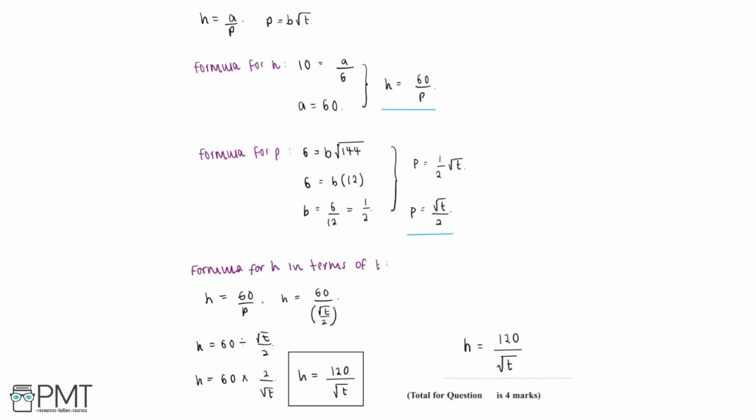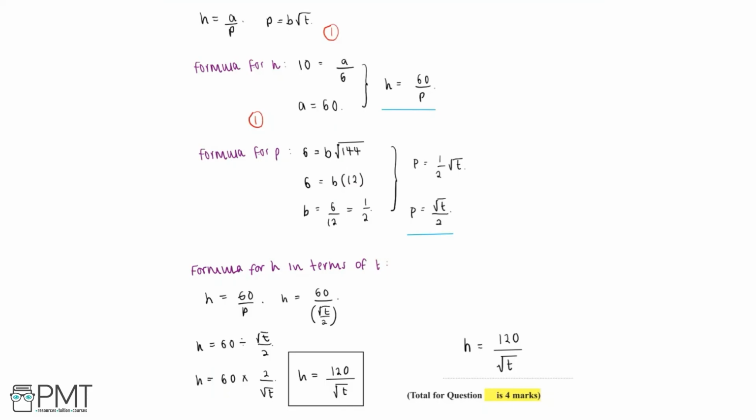Now this question is worth 4 marks. We get the first mark for setting up our equations, and for saying that h is equal to a over p, and p is equal to b root t. We get the second mark for substituting the values given to us to find a formula for h and a formula for p.